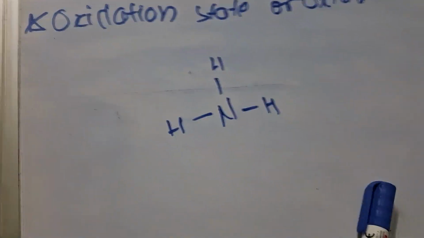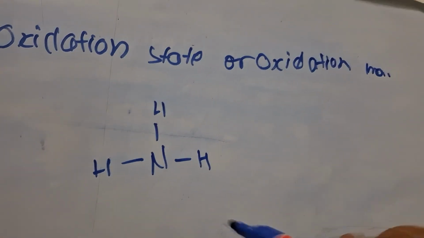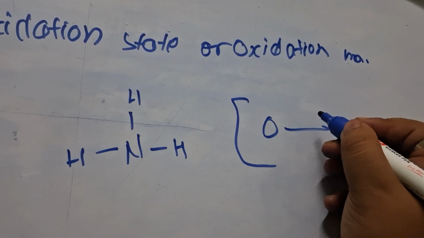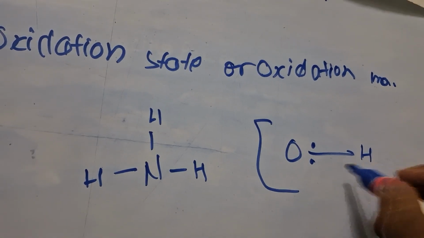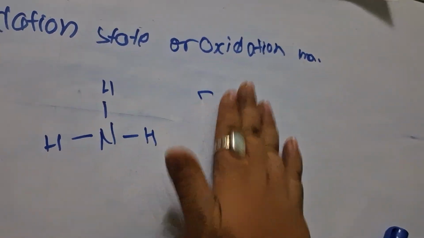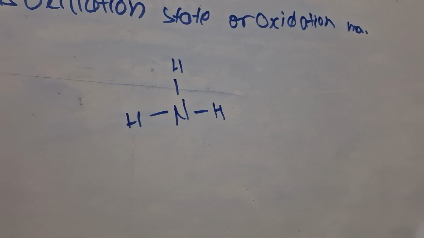NH3. Now we know that I have made you study this too. Nitrogen forms a bond with hydrogen, which is partly towards its side because it's more electronegative.